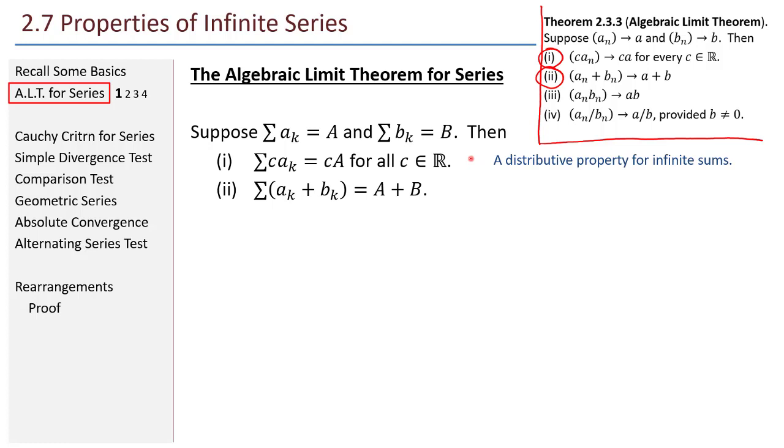If I know that the series converges, then I can distribute a constant to all the terms, and it just multiplies the result by that constant. And this second one is a little bit like a commutative property for infinite sums. Not the commutative property. I can't just mix my terms around anyway, but it kind of tells me one way that I am allowed to mix around some terms in my infinite sums.